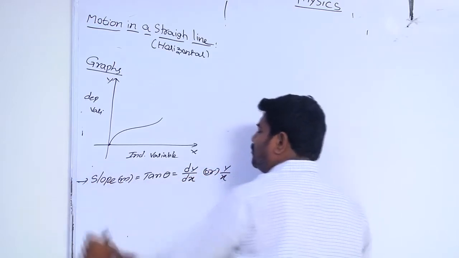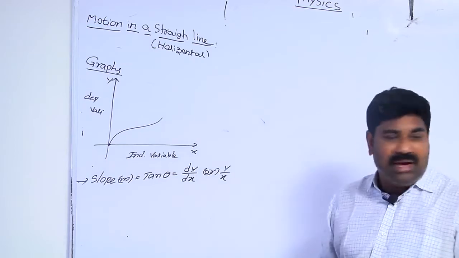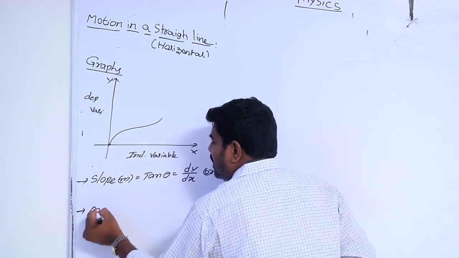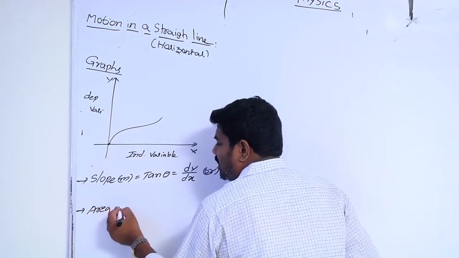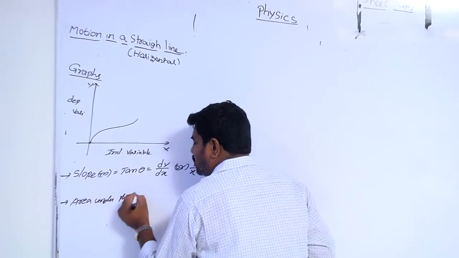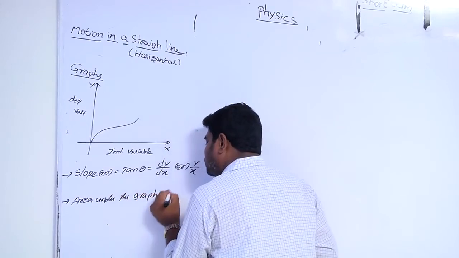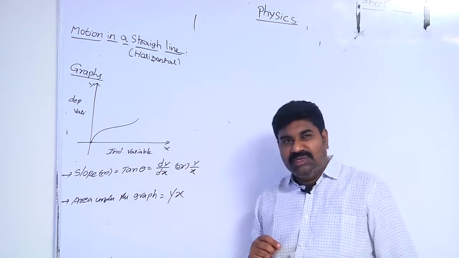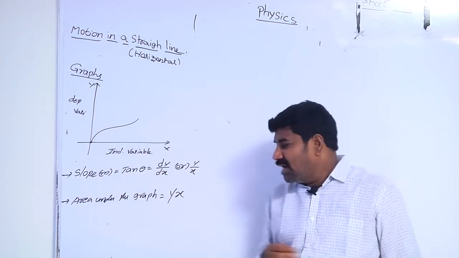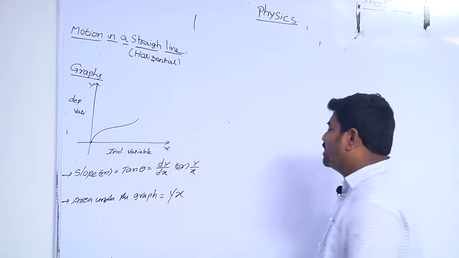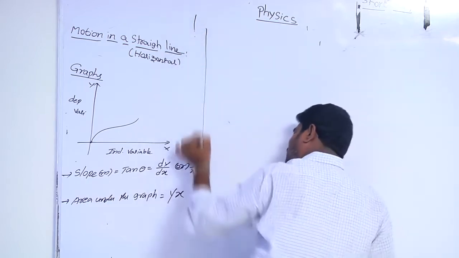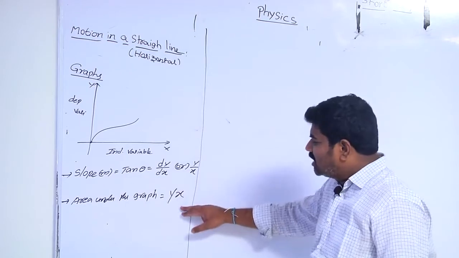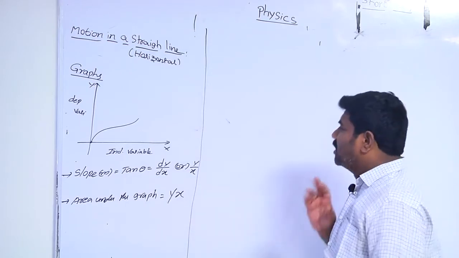And the area under the graph is nothing but y into x.